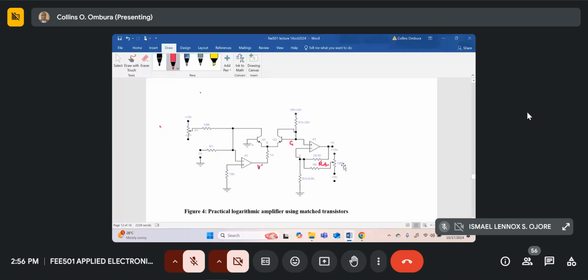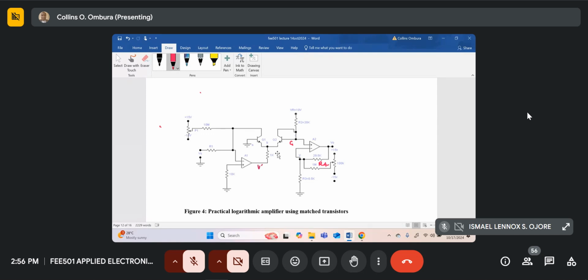So that's why this is called a practical logarithmic amplifier using matched transistors. Assume Q1 and Q2 are matched. Of course, in the lab, it will be difficult to get matched Q1 and Q2. But if you're diligent enough, you take a sample of 10 transistors and check their HFEs, using the multimeters which you can use to test the HFE of the transistor.